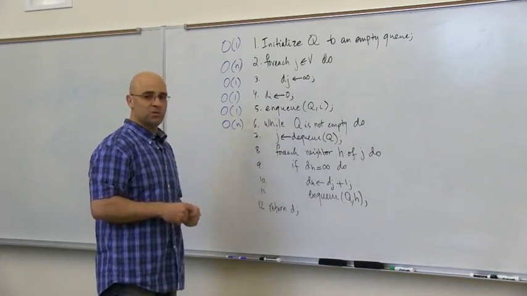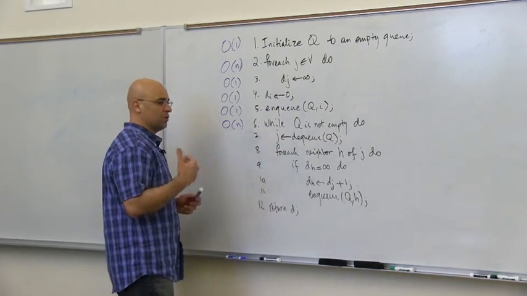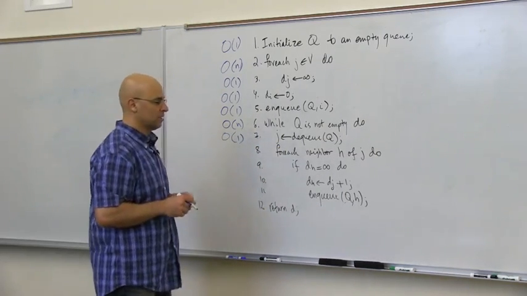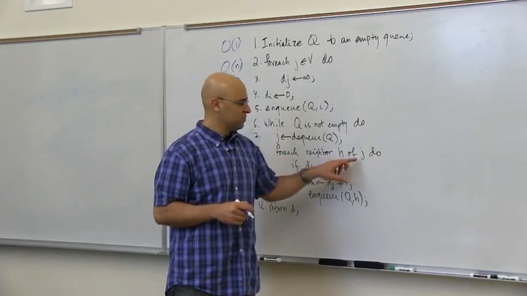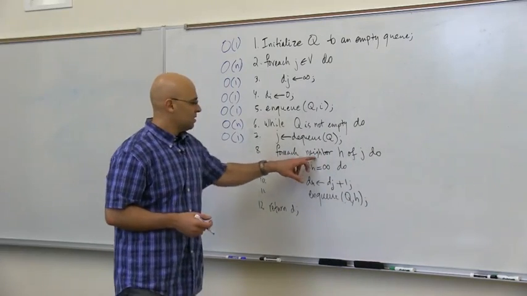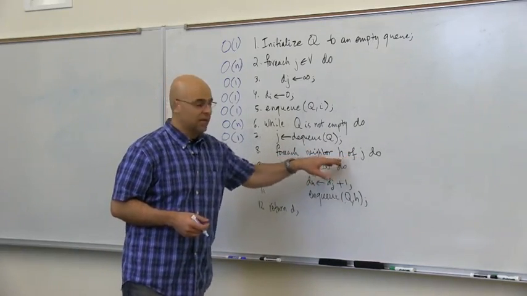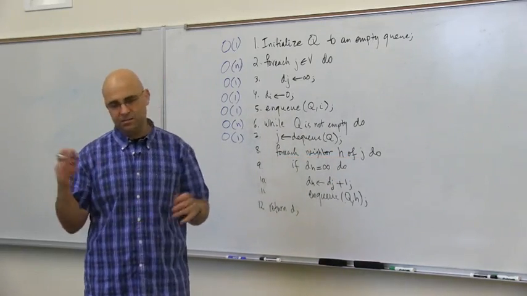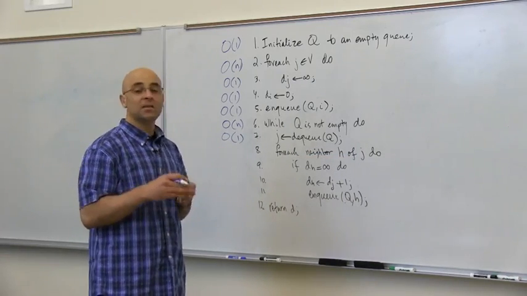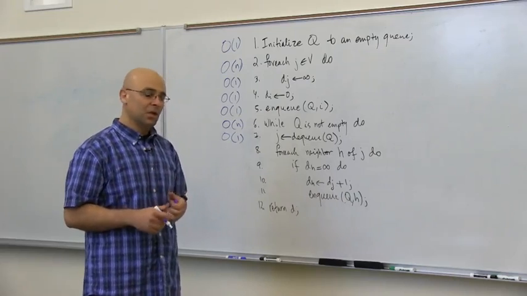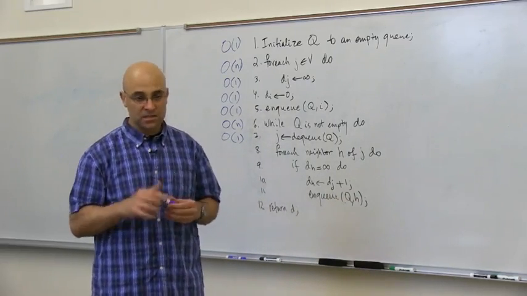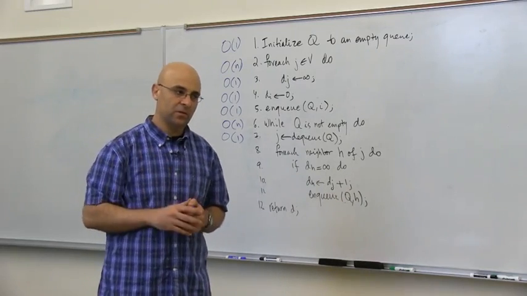How long does it take to remove an element from the queue and assign it to j? Again, it is a constant number of operations. For each neighbor h of j do. How many neighbors can j have? Okay. In the worst case, for some nodes, we might have n-1, at most n-1. Of course, when we are talking about an adjacency list, there is a given number of neighbors for every node.